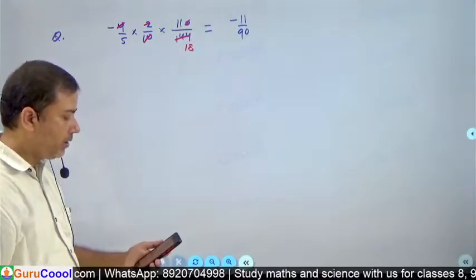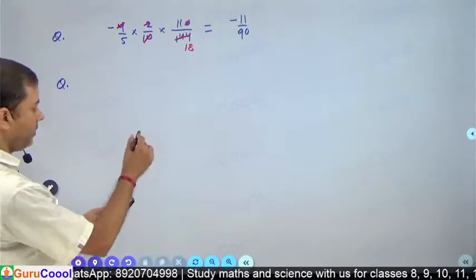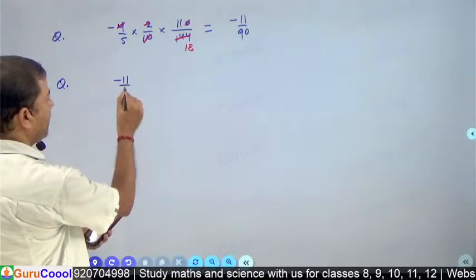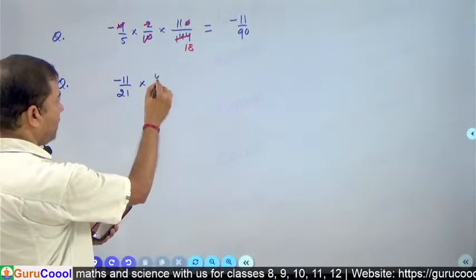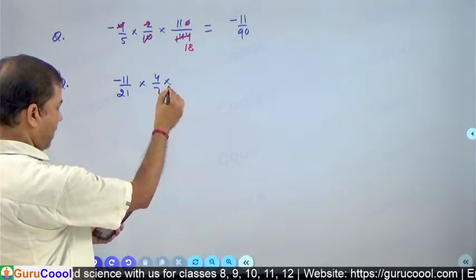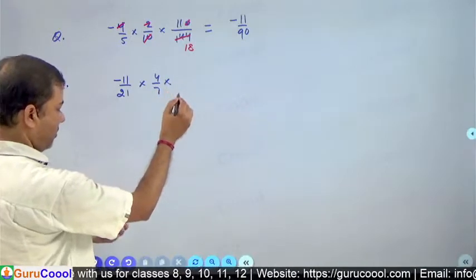Next question says find the value of minus 11 by 21 times 4 by 7 times 14 by 33.